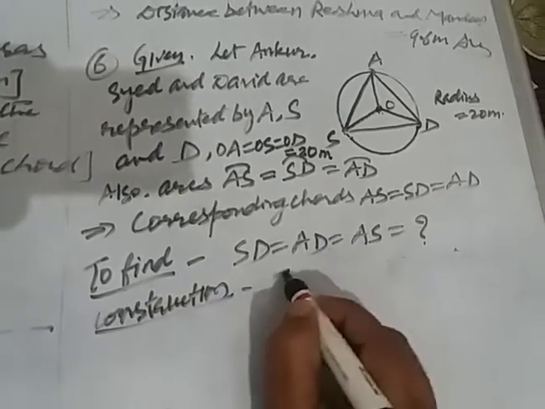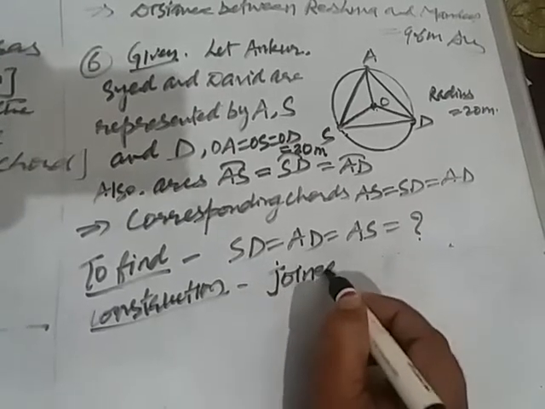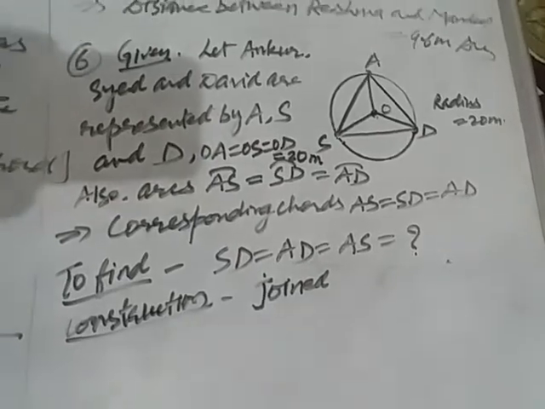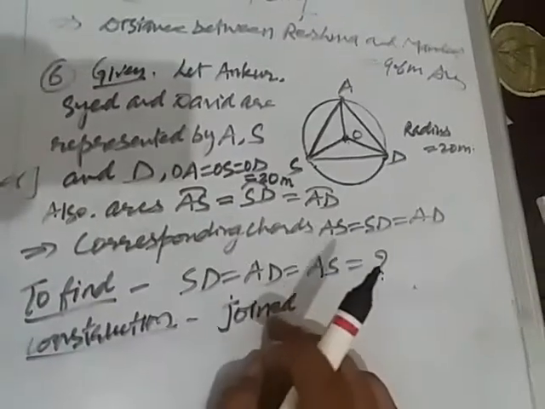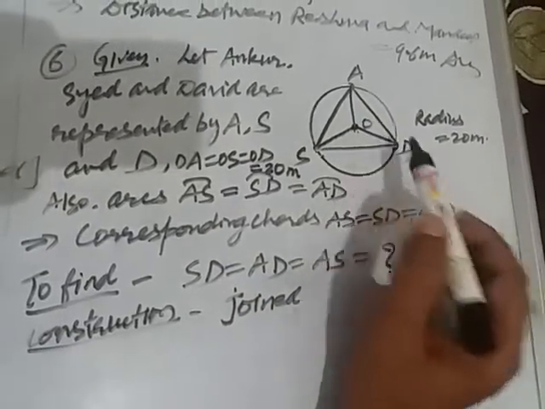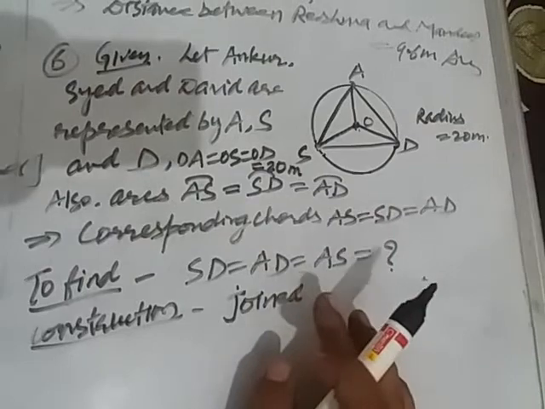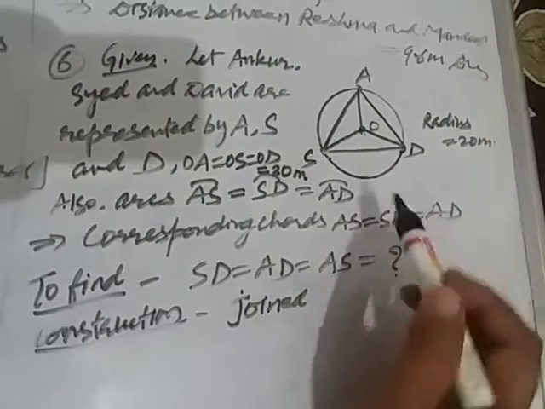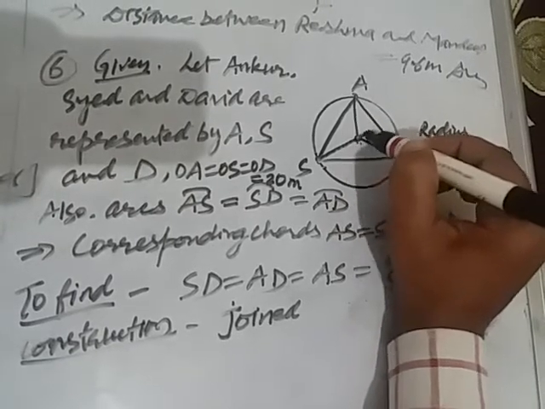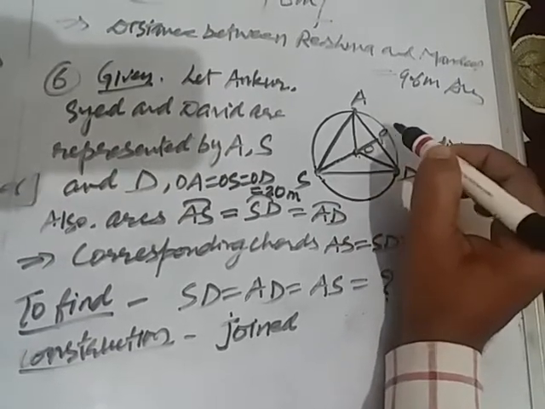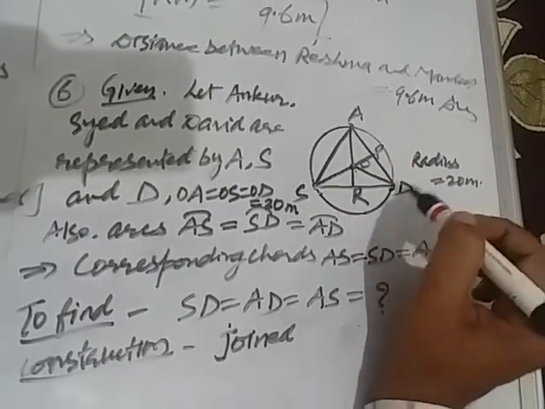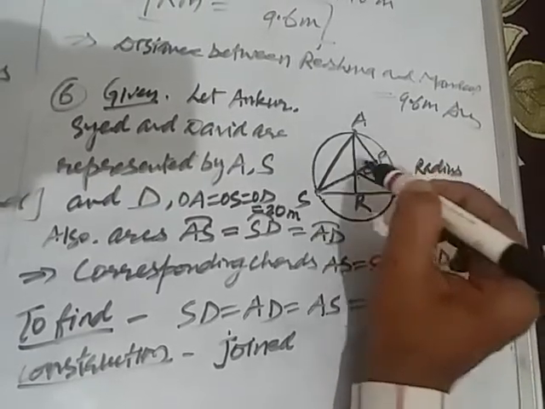Construction: produce AO, join OP, OR and OQ.